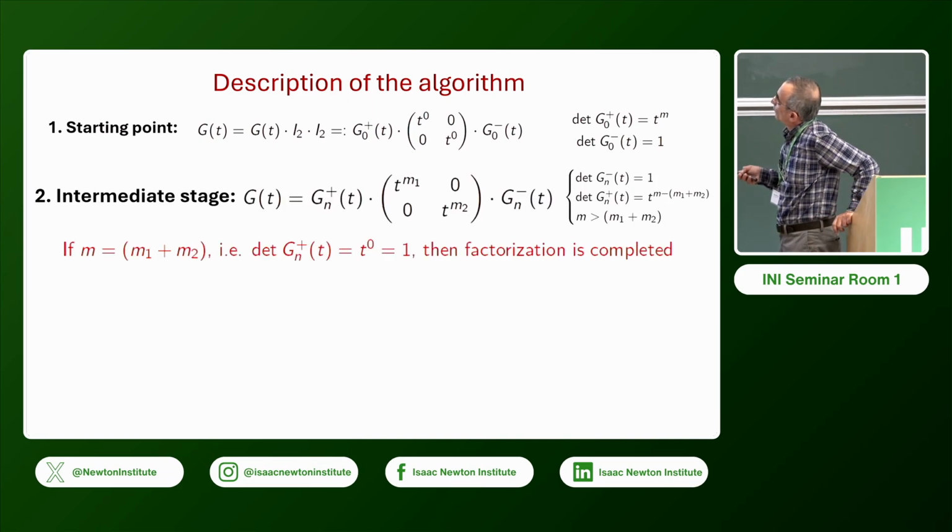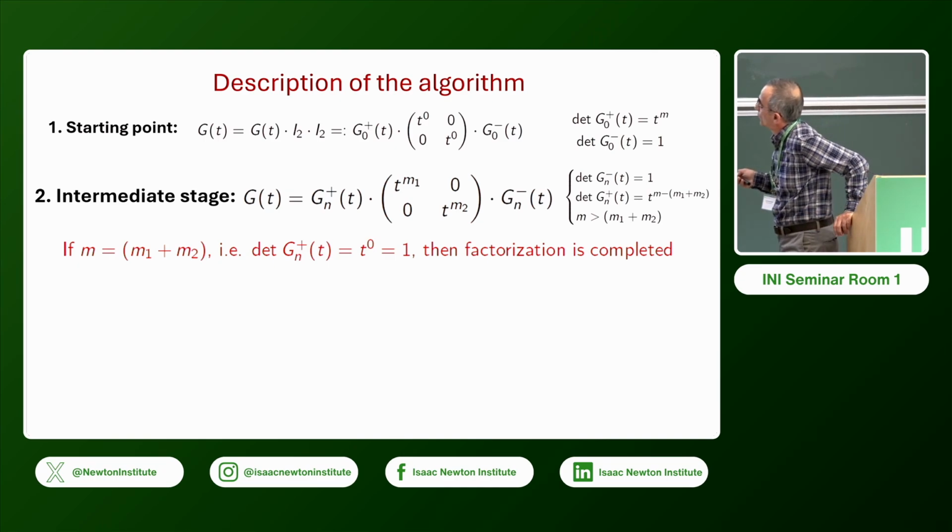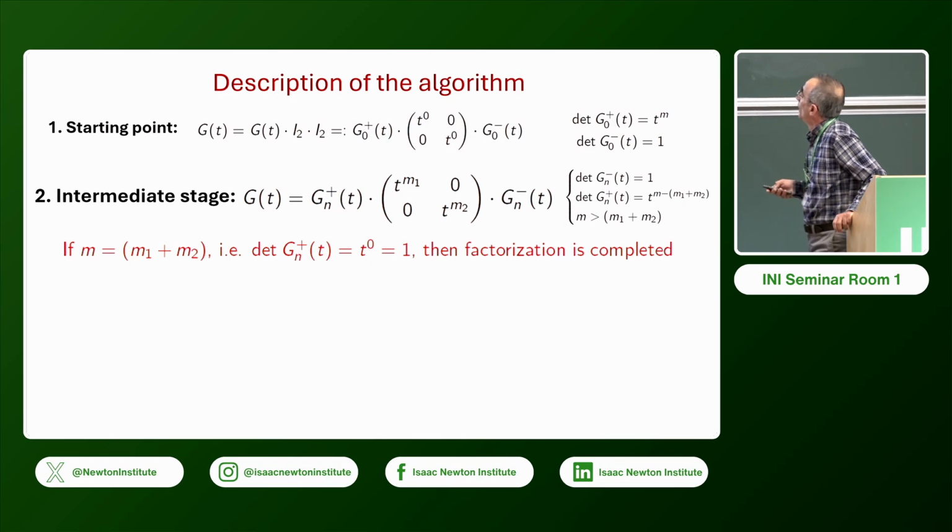At an intermediate stage, we will have such a factorization. This is analytic, this is anti-analytic, but still it is not a Wiener-Hopf factorization because the determinant might have a zero at point 0.